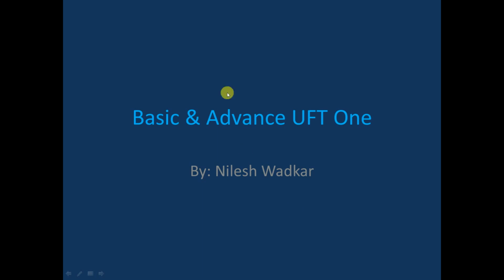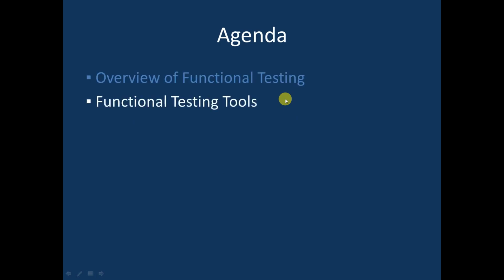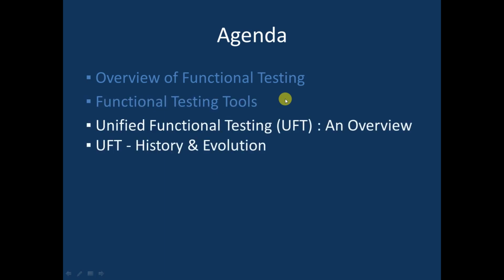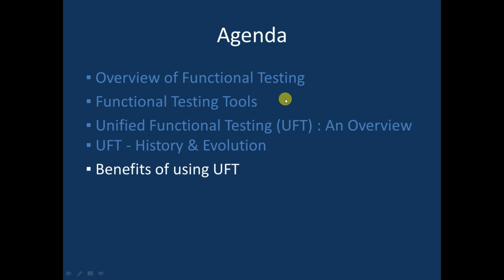Let me go through the agenda. What is our objective? We are going to focus on what functional testing is all about, and what the different tools available in the market are. Then we will see a little bit of history and evolution, just the background of UFT.